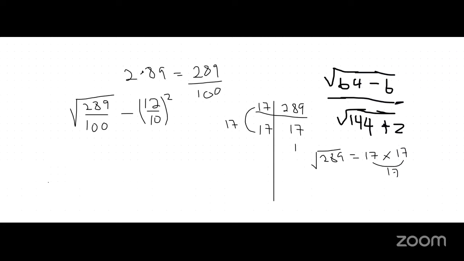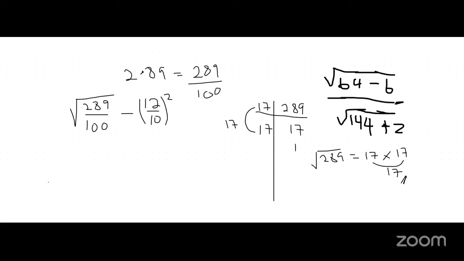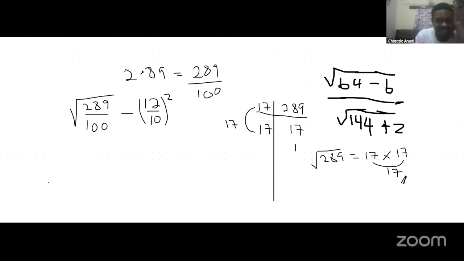These are us using the prime factorization method. I can give you another example using the prime factorization method, but let's solve this question first, then I will come back to this.